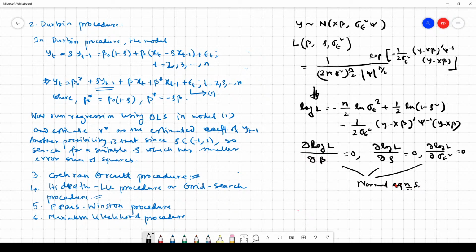But you cannot solve this easily because this is a non-linear function.